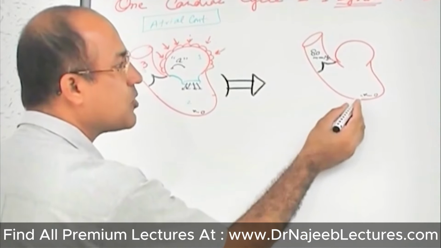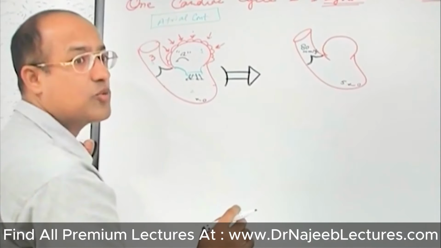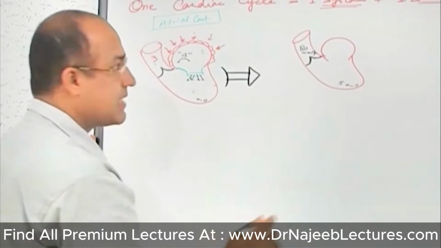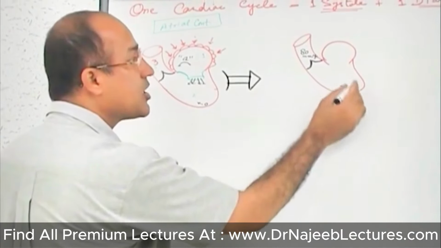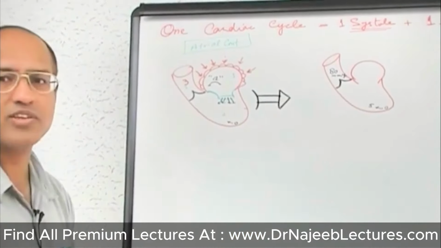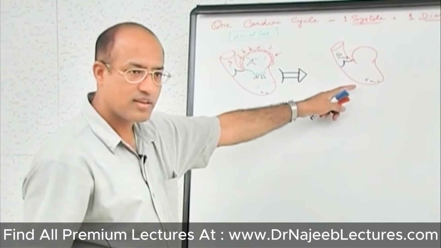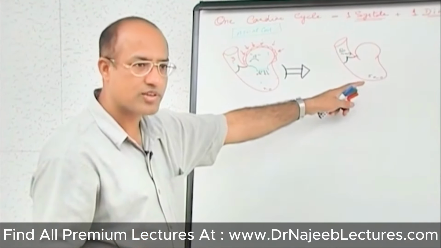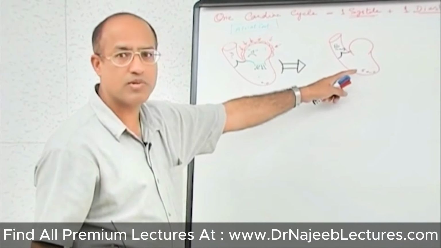Pressure in the ventricle is going up. Let's suppose pressure in the ventricle becomes around 5 millimeter of mercury. This is a pressure where intraventricular pressure becomes more than atrial pressure. At the very beginning of the contraction, pressure goes around 5 or 6 millimeter of mercury.